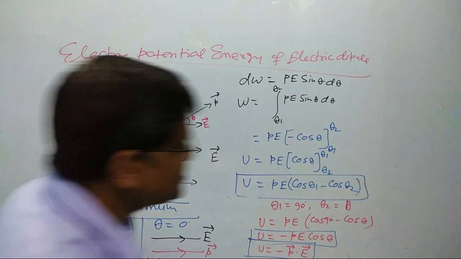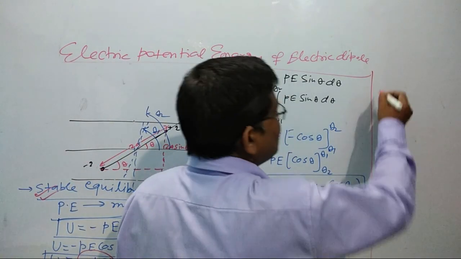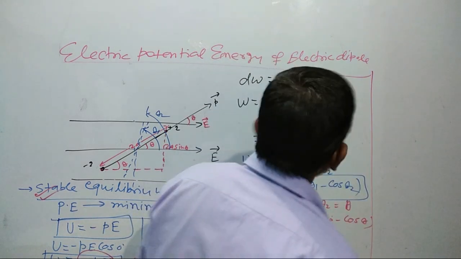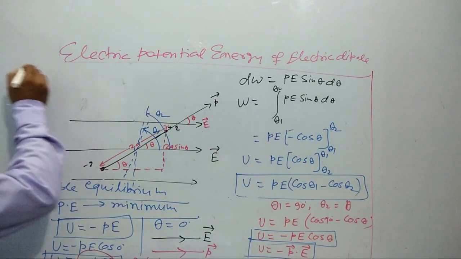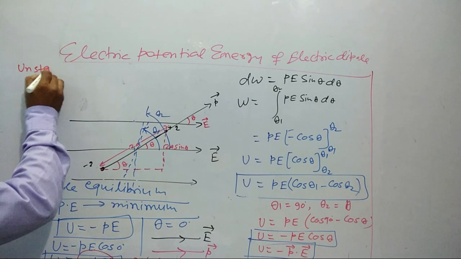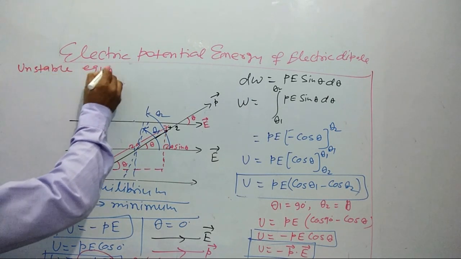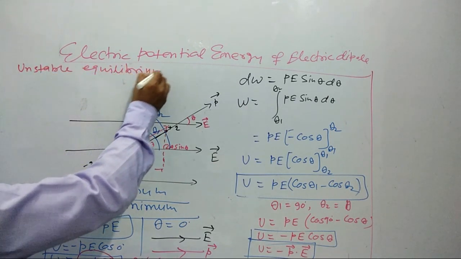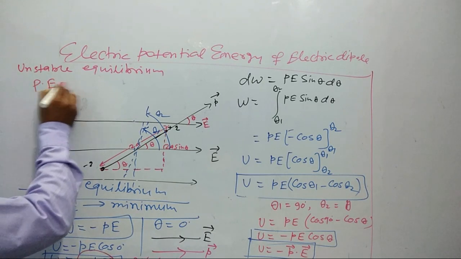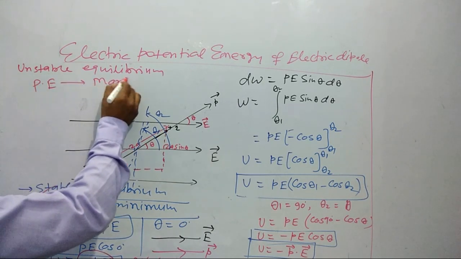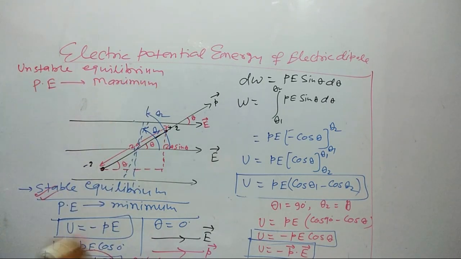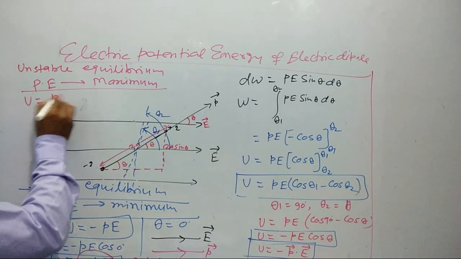And the second situation is when potential energy should be maximum. Maximum means unstable equilibrium. Unstable equilibrium means potential energy should be maximum. For maximum potential energy, U becomes pE.